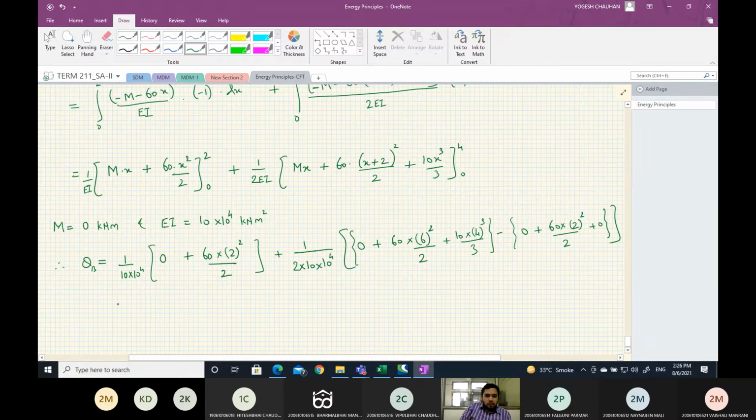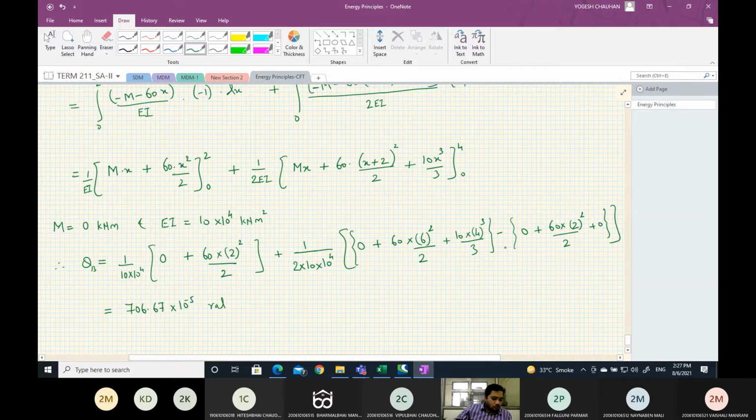Okay, so this is theta b. So solving, we will get theta b as 706.67 into 10 to the power minus 5 radian.